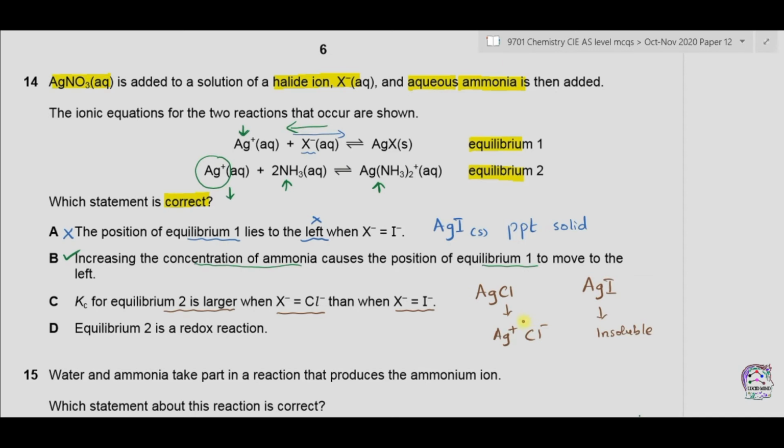So because of AgCl, the silver ion concentration will increase. As for equilibrium 2, Kc is equal to the concentration of product, which is silver ammonia, divided by the concentration of reactants, which are silver aqueous and ammonia.